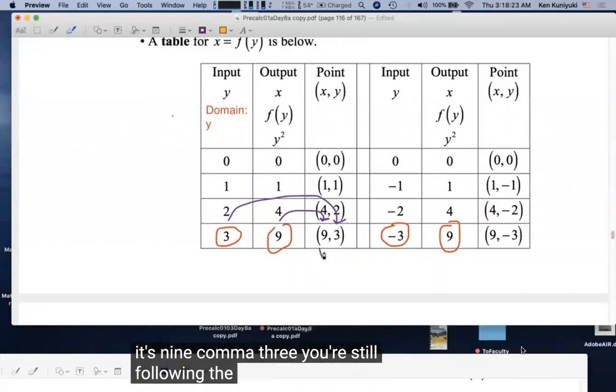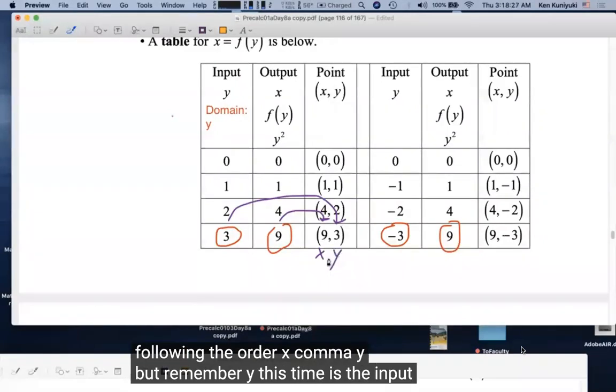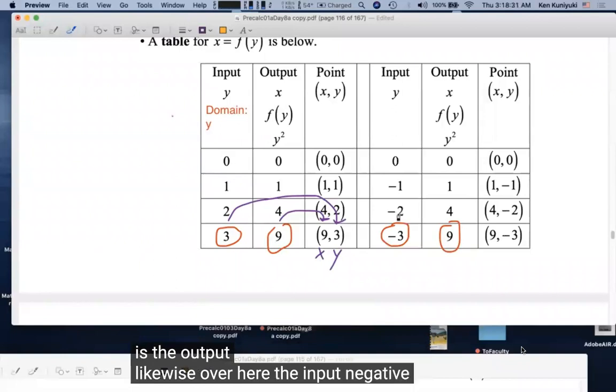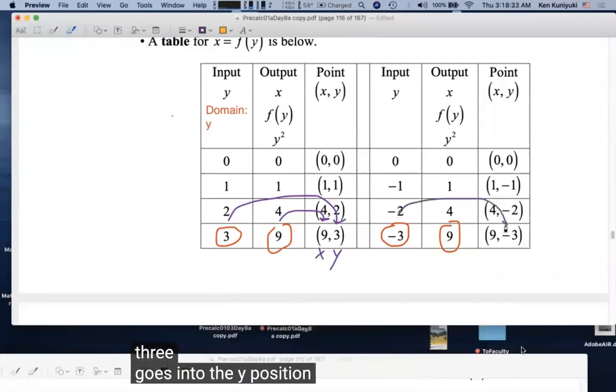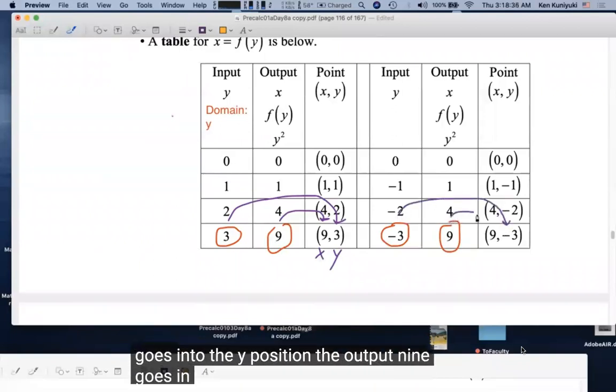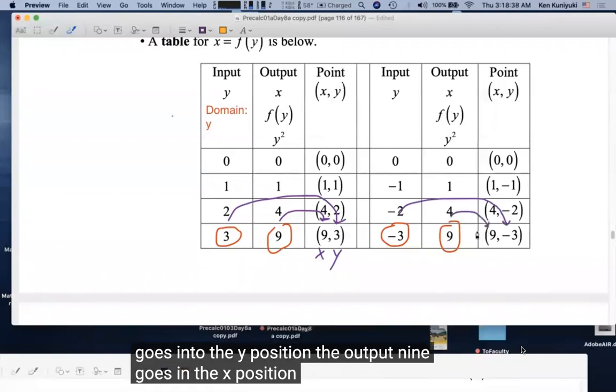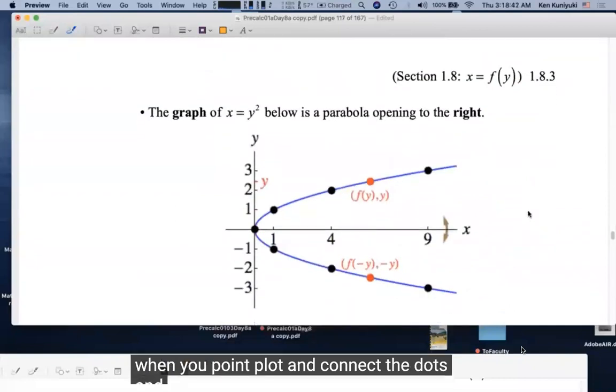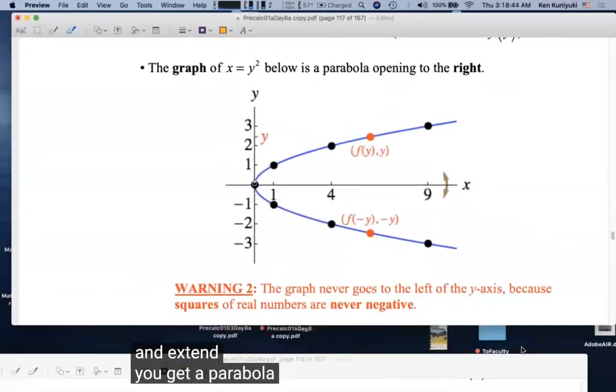You're still following the order x, y. But remember, y this time is the input, x is the output. Likewise over here, the input negative 3 goes into the y position, the output 9 goes in the x position. When you point plot and connect the dots and extend, you get a parabola opening to the right.